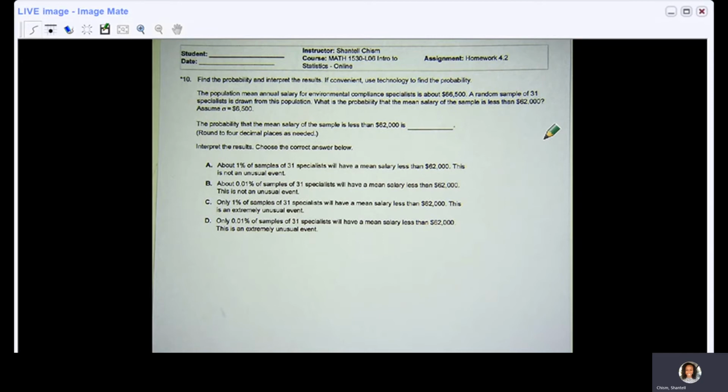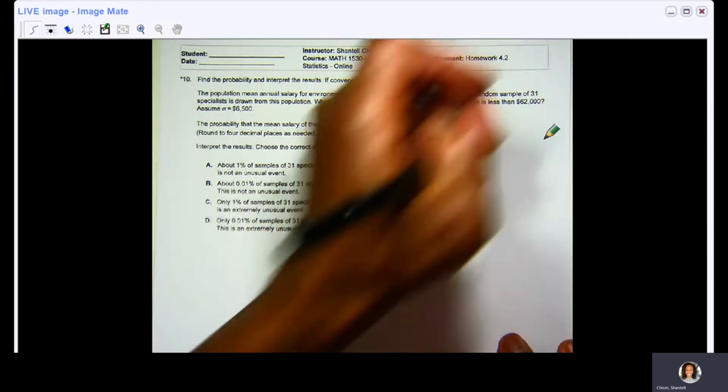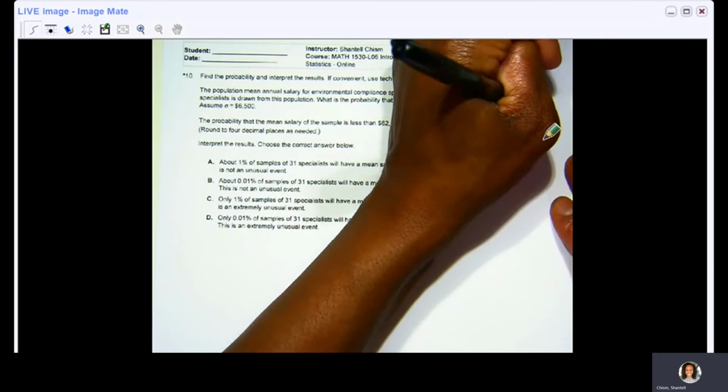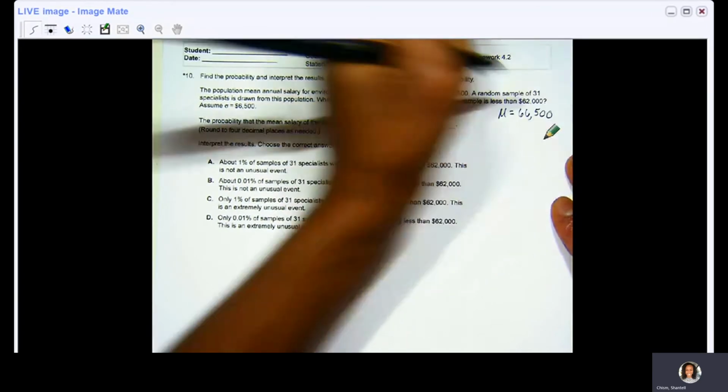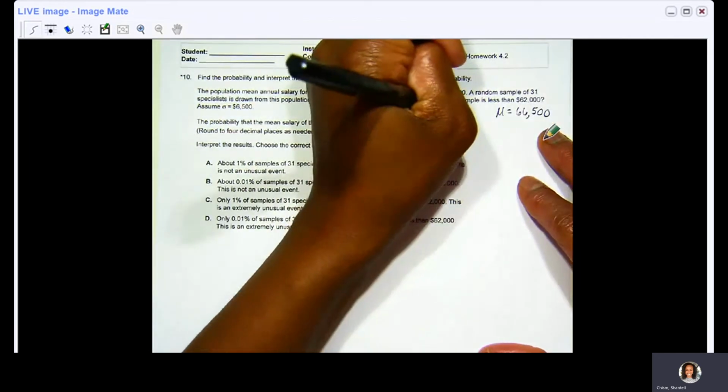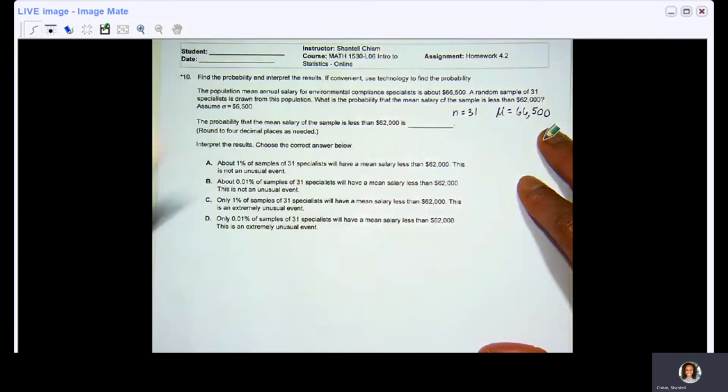It says the population mean annual salary for environmental compliance specialists is about 66,500. So mean mu for a population, 66,500. Okay. It says a random sample of 31 specialists is drawn from this population. So n is 31.